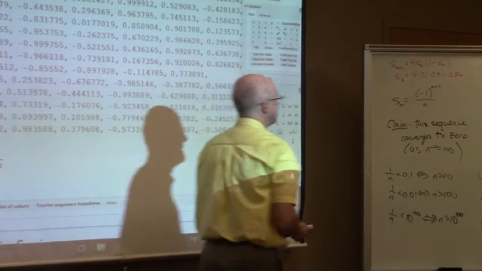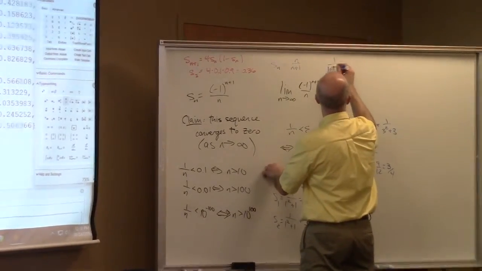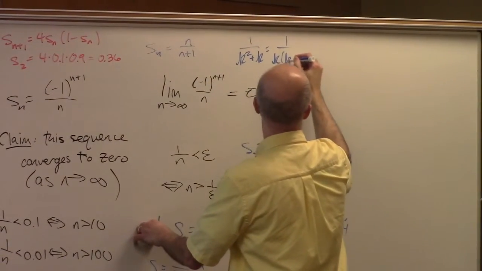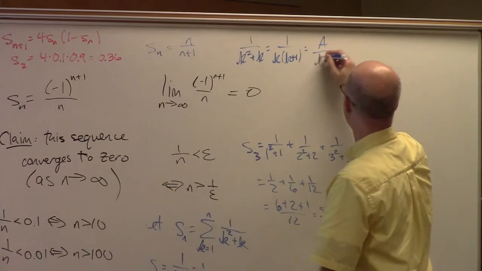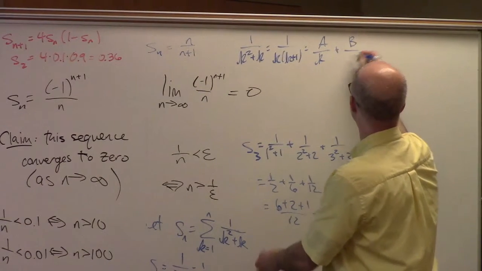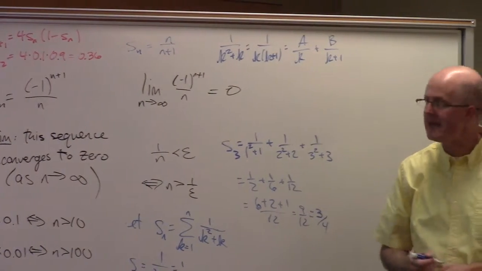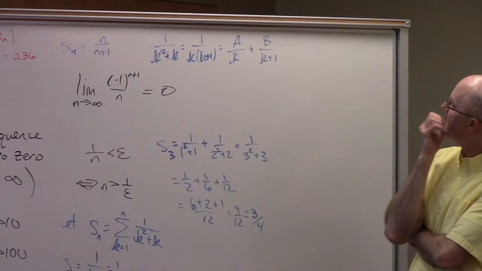It's not too difficult, though it does involve a trick. You have to realize that 1 over k squared plus k is 1 over k times k plus 1. And if you use partial fractions, you can write it like that for some a and b. Let's see if I can do it in my head here.